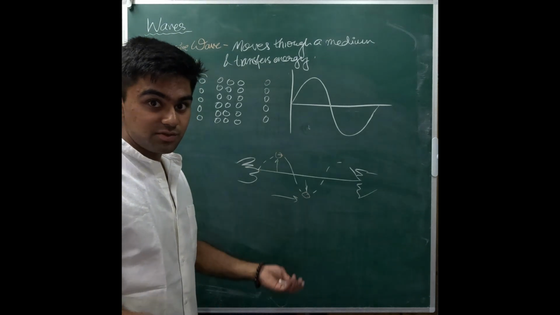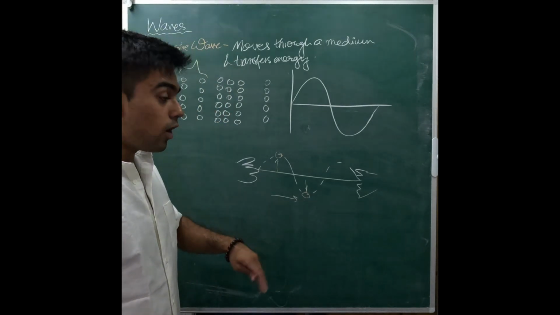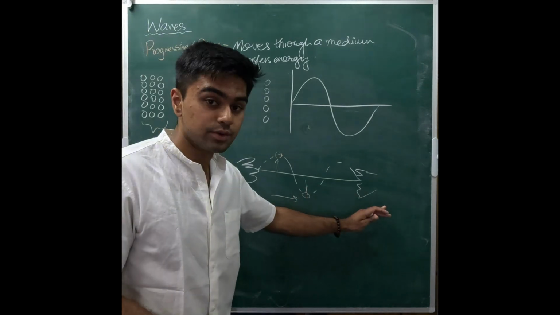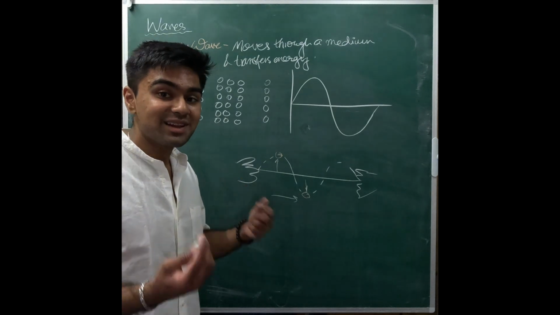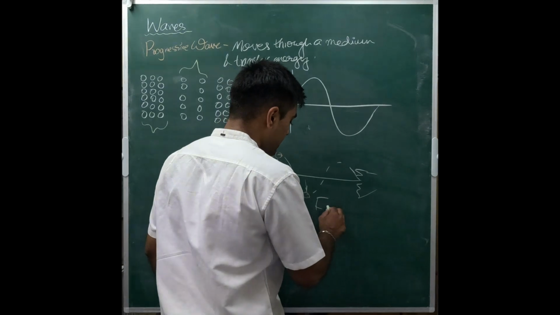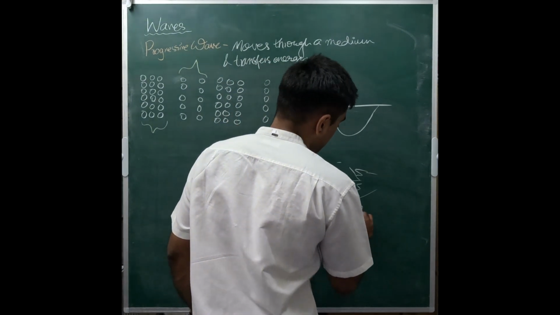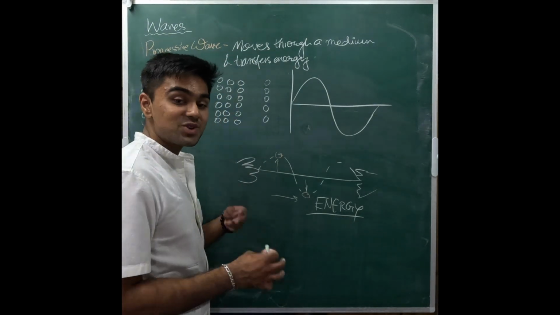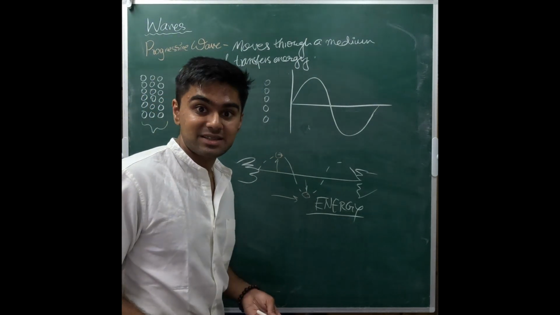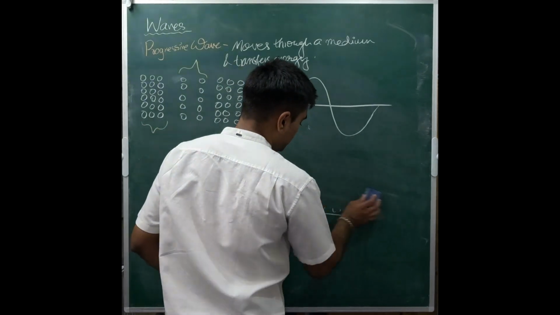In other words, something has reached him, but material hasn't reached him because the beads only moved up and down, they didn't actually go to him. In other words, the only thing that has been transferred to him is energy. In other words, waves transfer energy. They don't transfer matter.